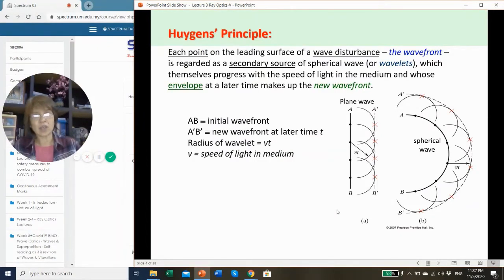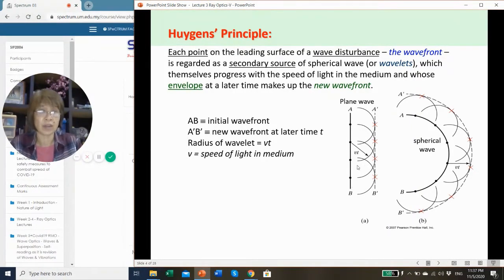Now, we talk about how light propagates in a medium. Well, we have Huygens' principle, where it is stated that each point on the leading surface of the wave disturbance, in this case a plane wave, is called the wavefront.